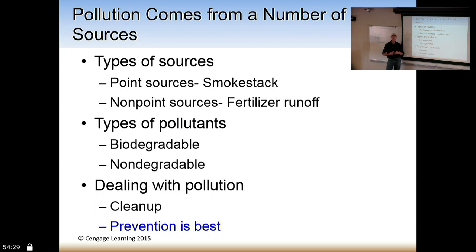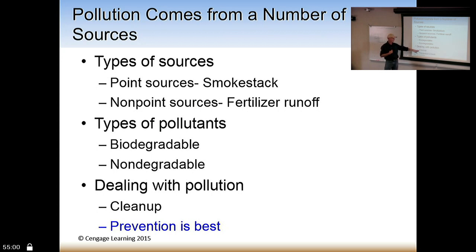Biodegradable, if possible. The natural systems can actually degrade them, decompose them. These ones stick around forever. The big ones we're struggling with now in our world are things like pharmaceuticals and hormones, because they continue through in the water supply. A lot of them take a long time to degrade, and they're not degraded.